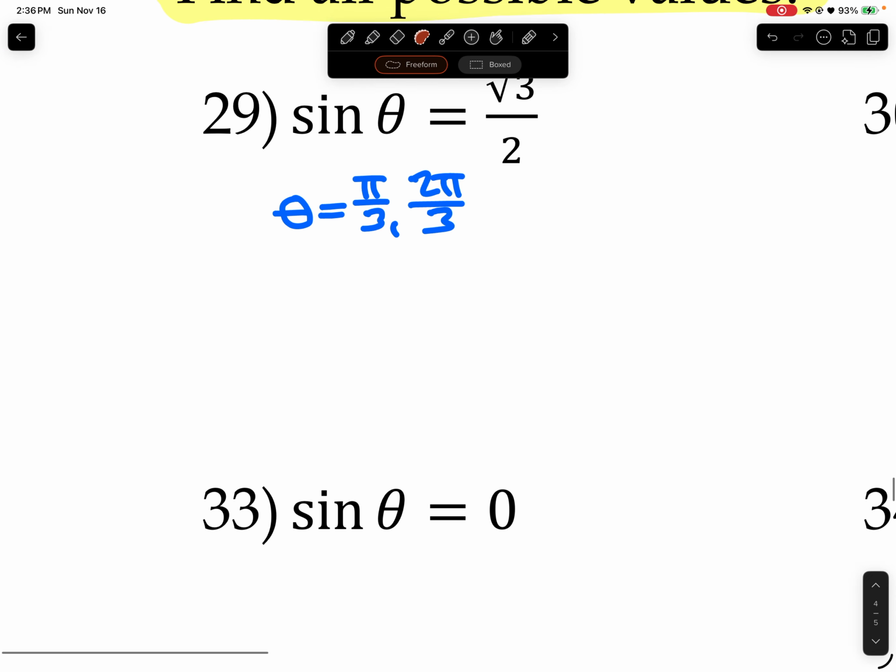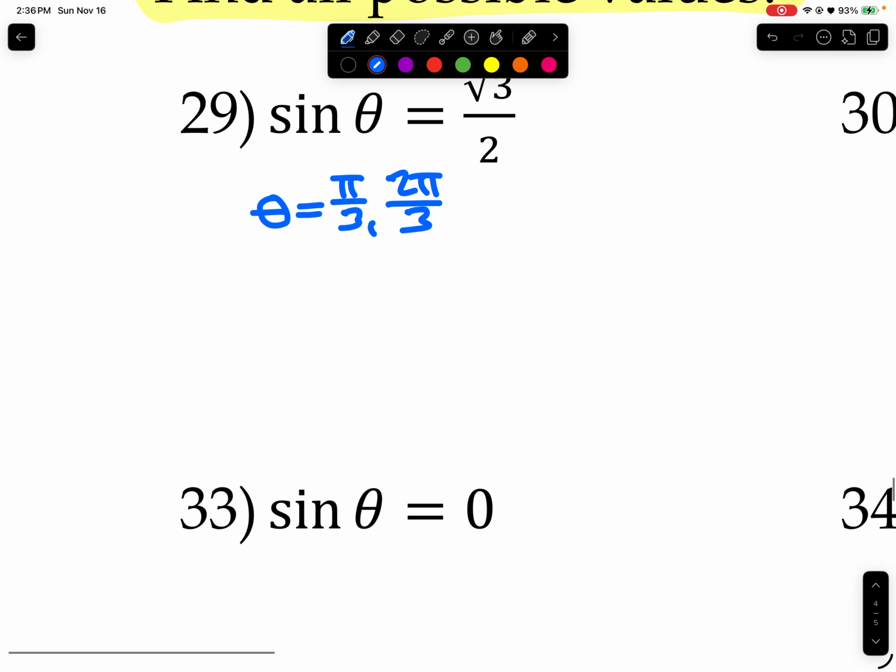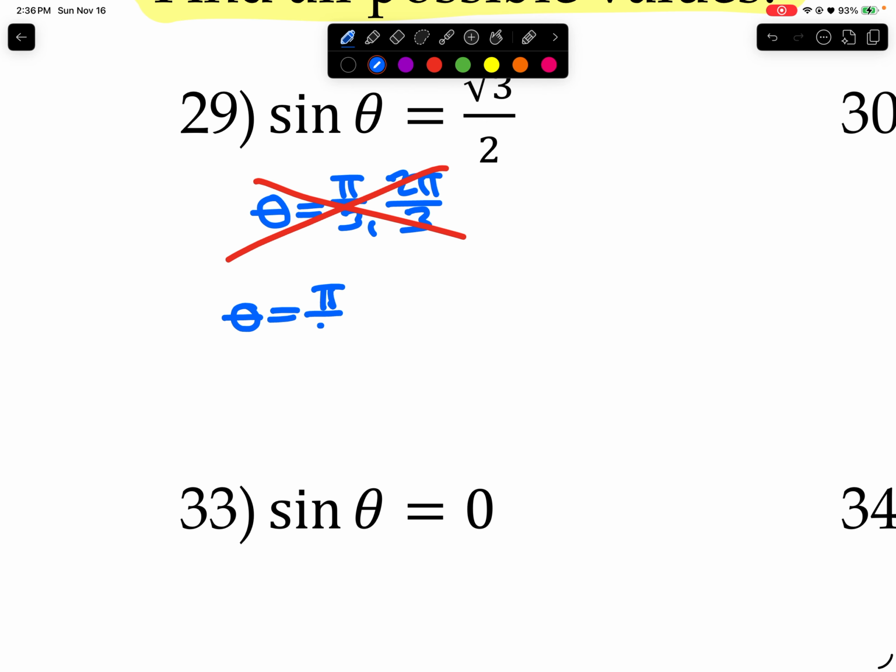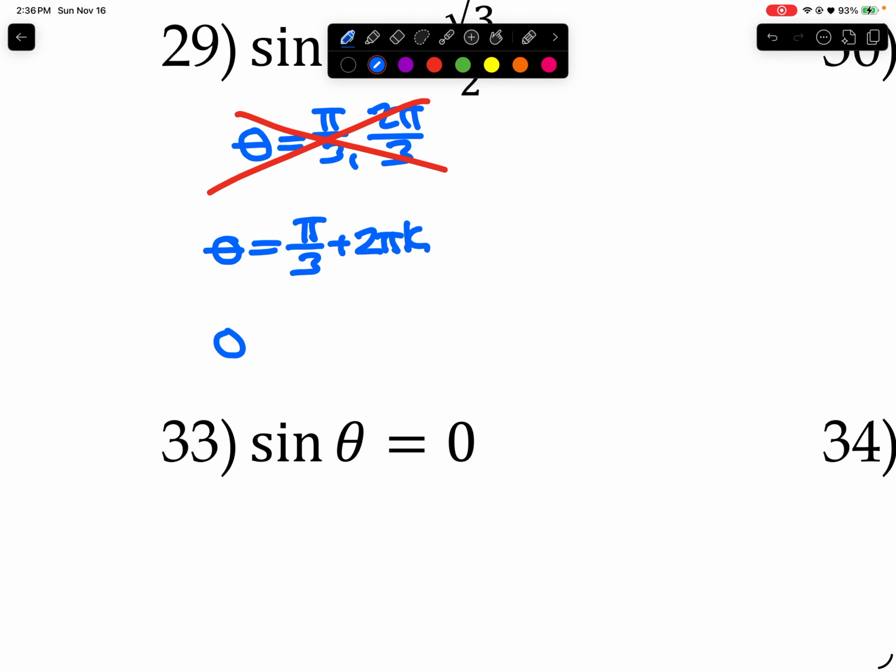So over here, instead of writing the singular values of pi over 3 and 2 pi over 3, you have to write it as pi over 3 plus 2 pi k to account for all the coterminals. And then we're also going to write 2 pi over 3 plus 2 pi k.